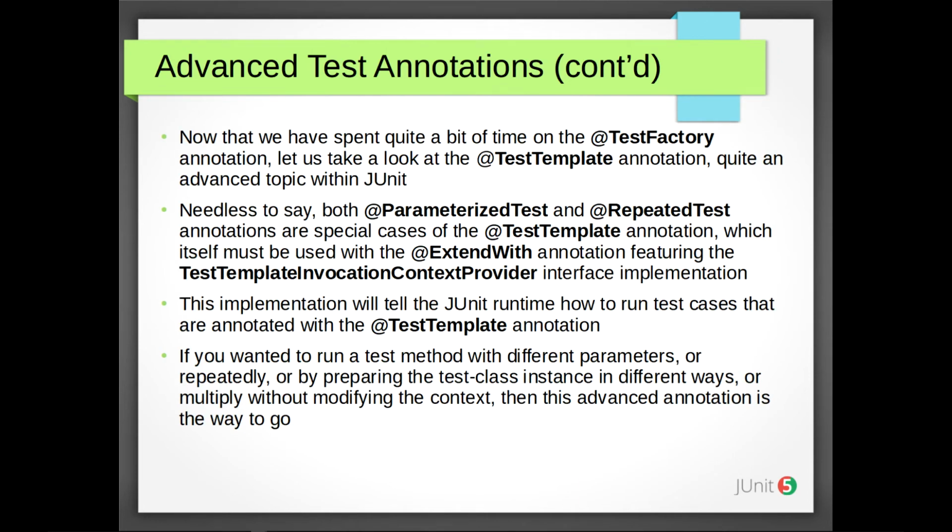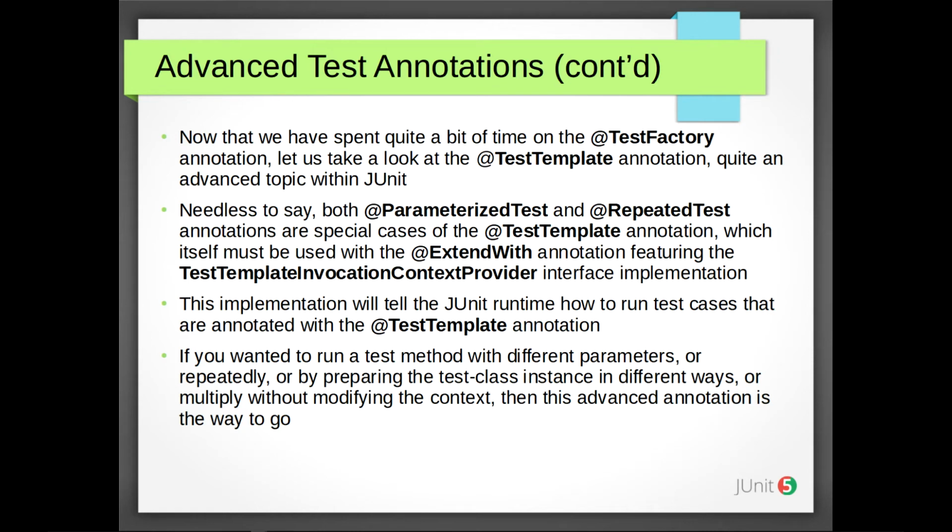Now that we have spent quite a bit of time on the @TestFactory annotation, let us take a look at the @TestTemplate annotation, quite an advanced topic within JUnit. Needless to say, both @ParameterizedTest and @RepeatedTest annotations are special cases of the @TestTemplate annotation, which itself must be used with the @ExtendWith annotation featuring the TestTemplateInvocationContextProvider interface implementation.